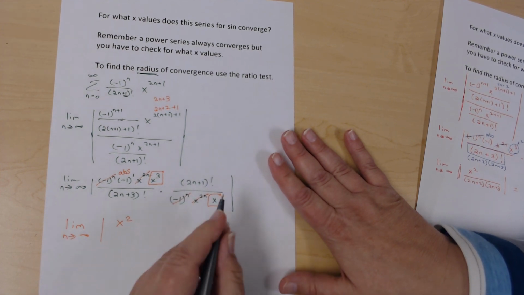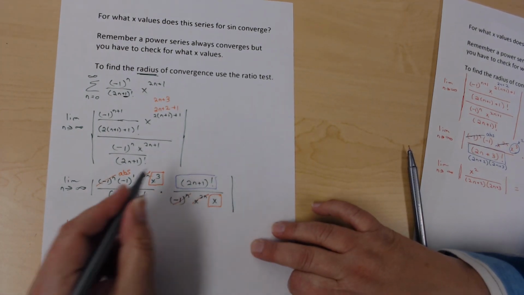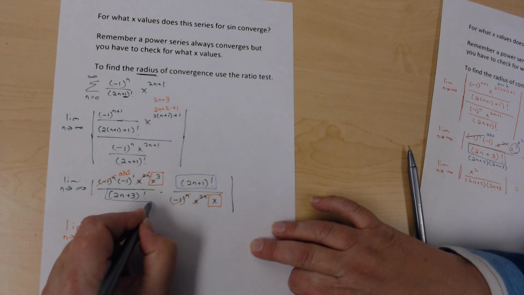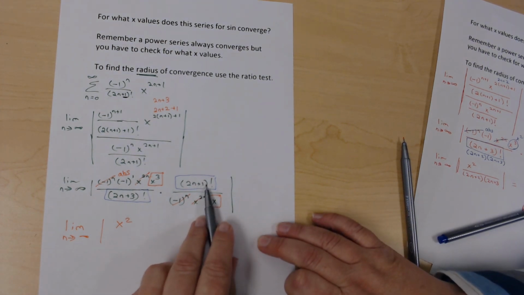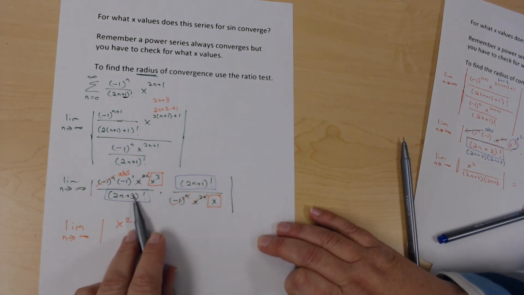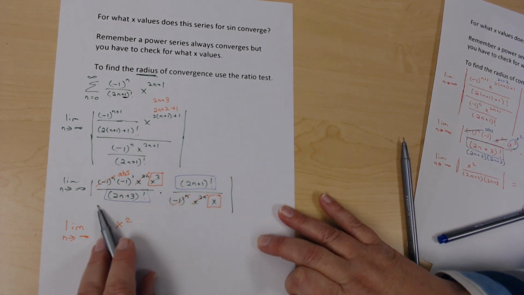Okay, and then how does this cancel with this? So this is +1, this is +3. So up to my 2n plus 1s would cancel.